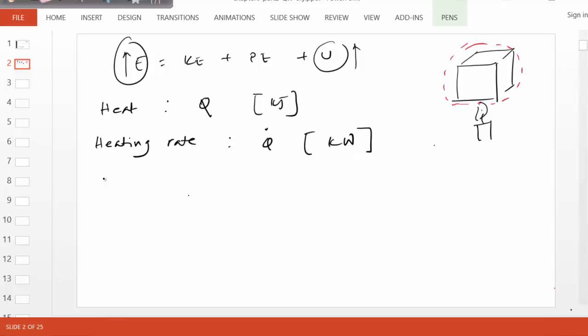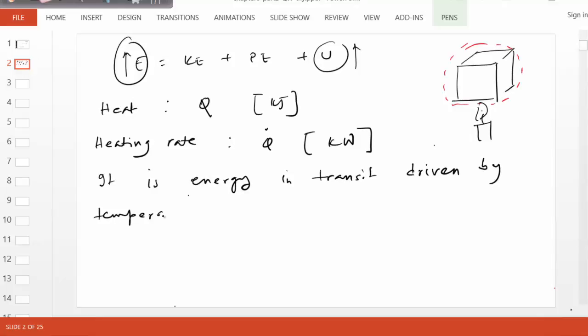It's energy in transit, driven by temperature difference. It always goes from the hot to the cold zone.